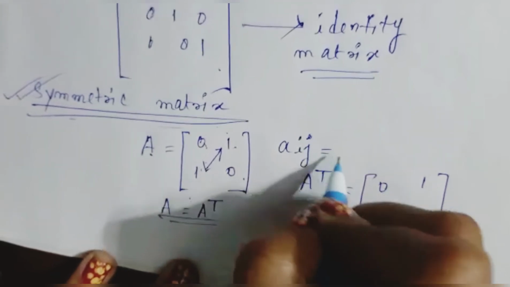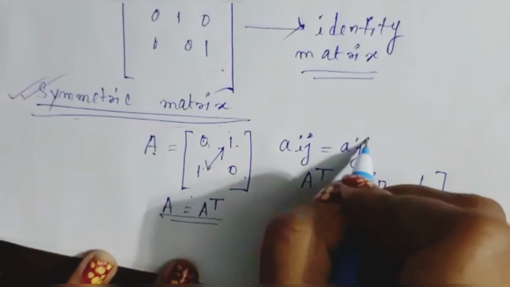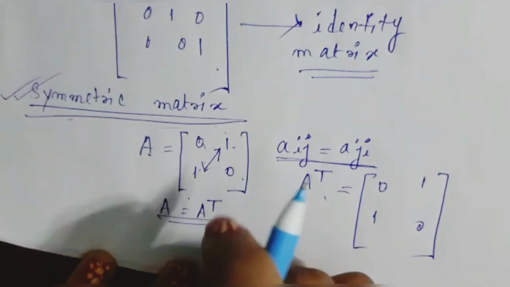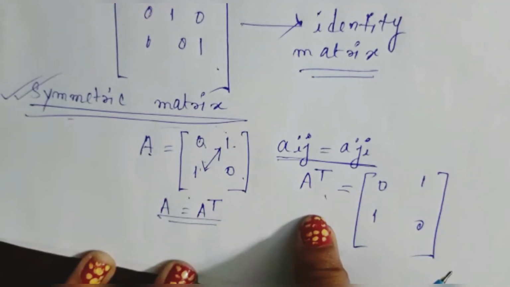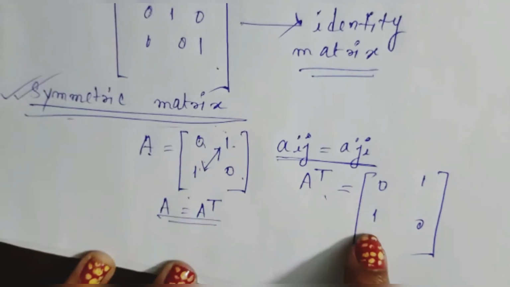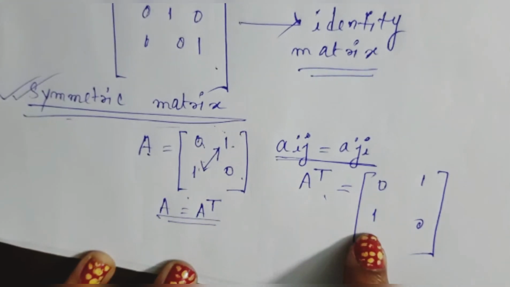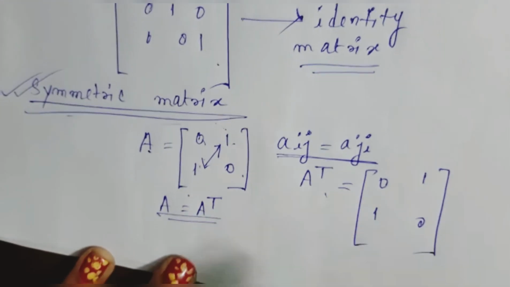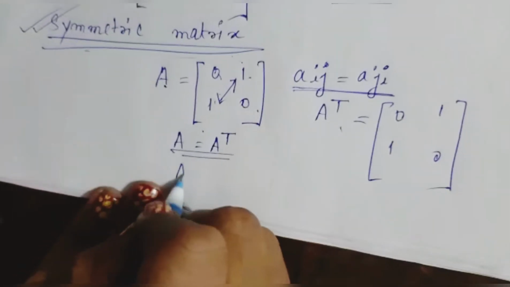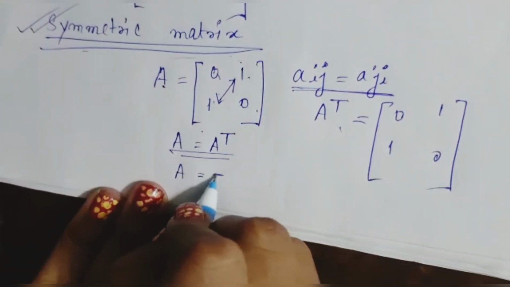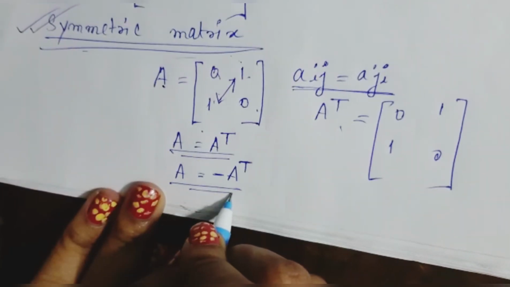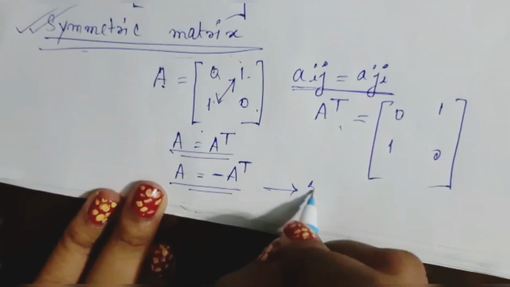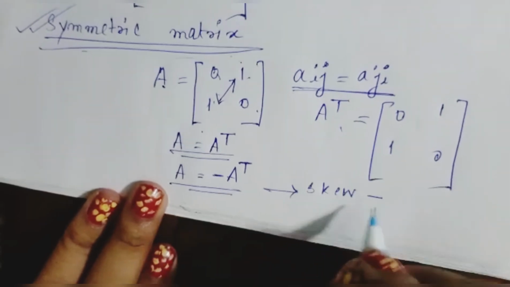when Aij equals Aji, the elements of A are identical with those of A transpose. You see, this is identical to that of your A transpose. Now if you say that your A is equal to minus A transpose, in that case it is going to be a skew symmetric matrix.